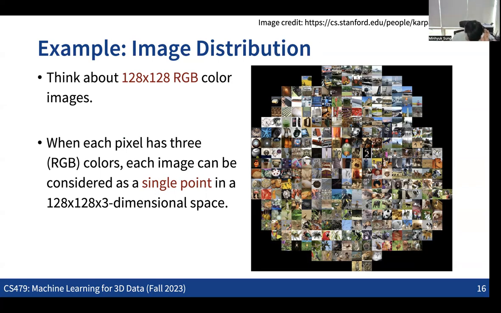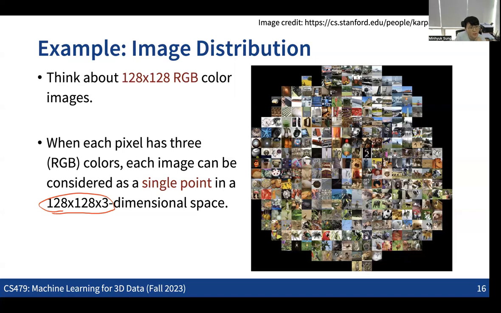We can consider this set of images as points in a very high dimensional space. If we consider the space of 128 by 128 times 3, each image is represented with this many numbers: 128 by 128, with the 3 RGB channels.